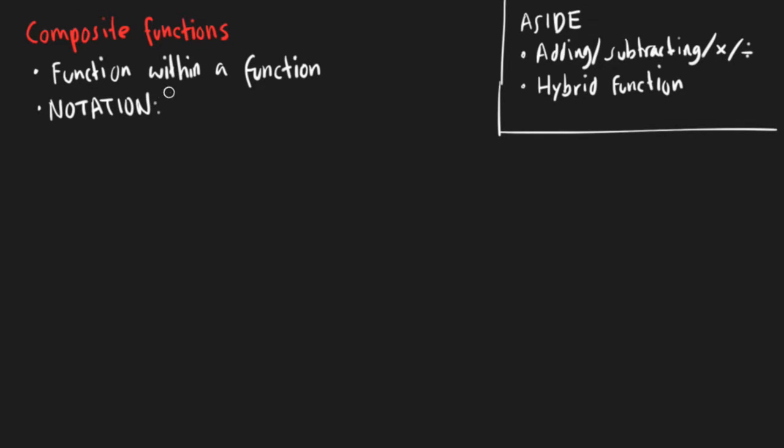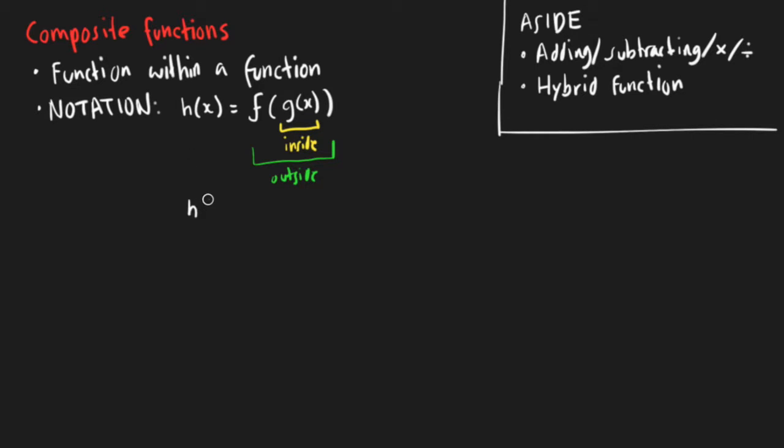One is, for example, I could say h of x, which I'm going to call my new function, is f of g of x. Does that make sense? We've got one function inside another function. This function is inside, and the f function is outside. That's one way you could write this notationally.